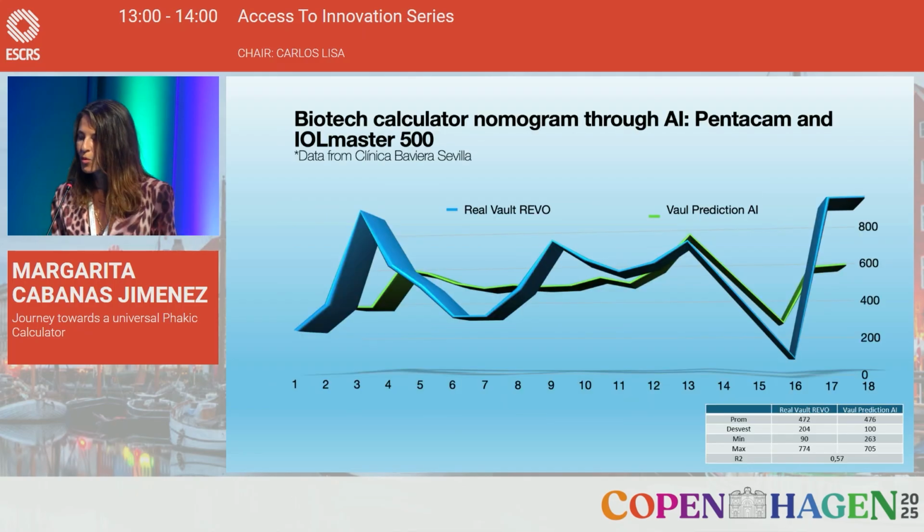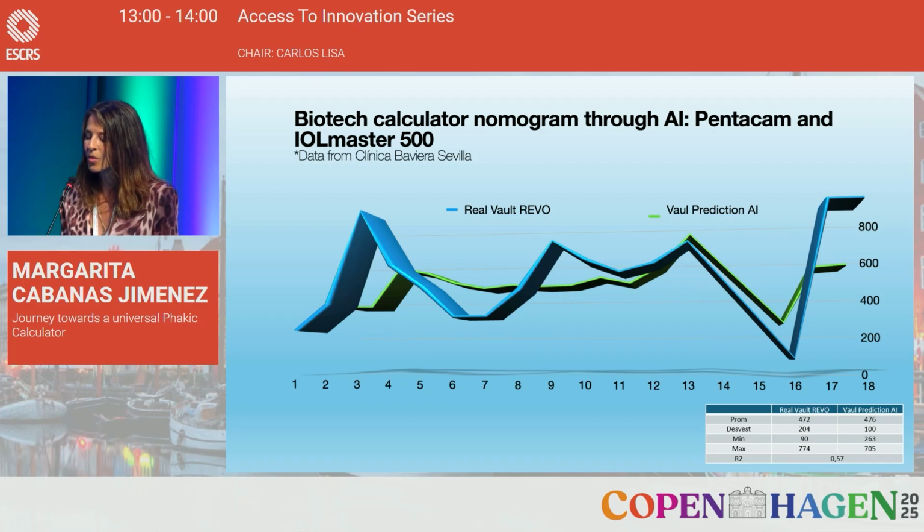Regarding vault prediction using artificial intelligence, we observe that the calculator provides efficient guidance, less accurate when ciliary is very high or very low, like we said before. Best to measure ciliary pre-op to avoid it.